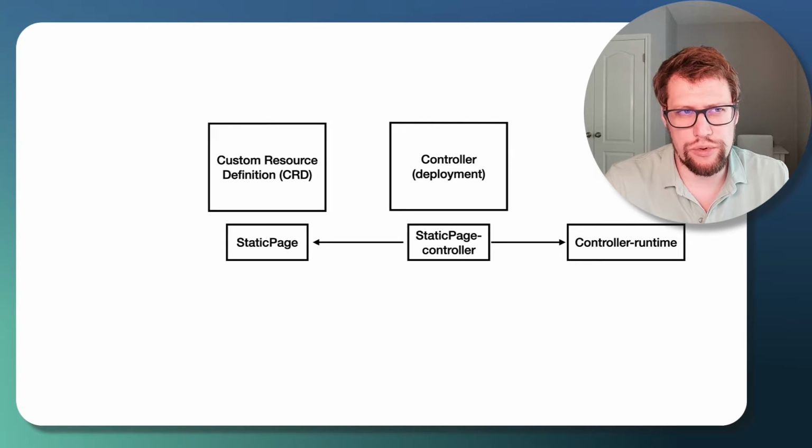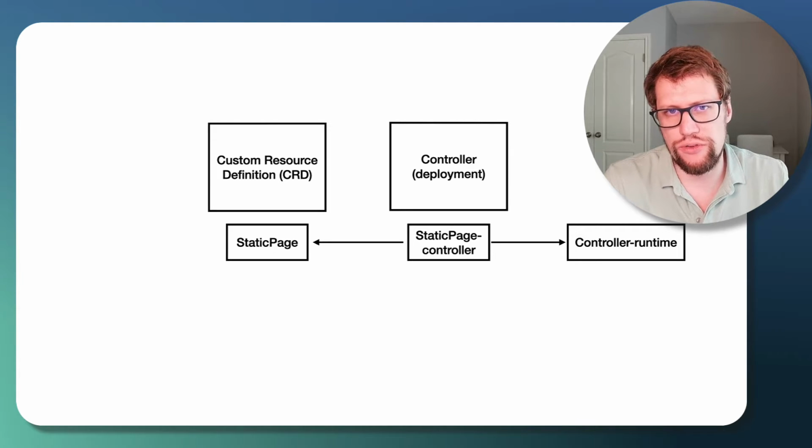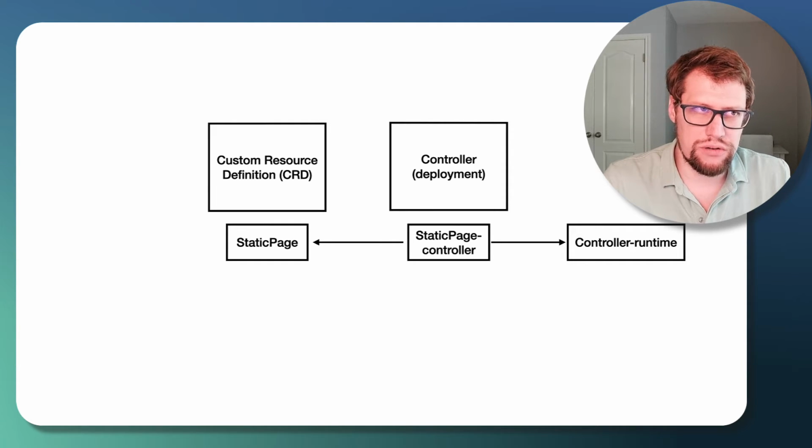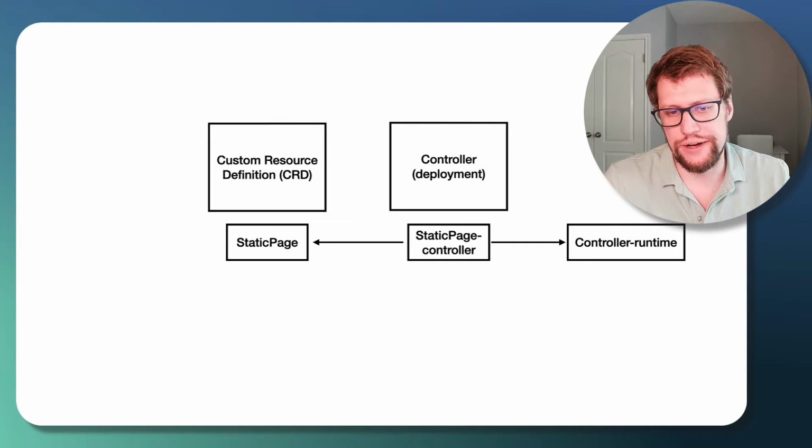I tested a few approaches, and I think using this controller runtime is actually the best approach compared to writing your own Go Kubernetes clients, because that's also an option. You can have your own client package that can interact with those Kubernetes resources.